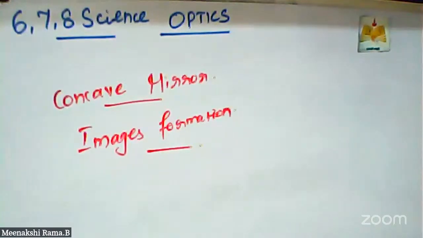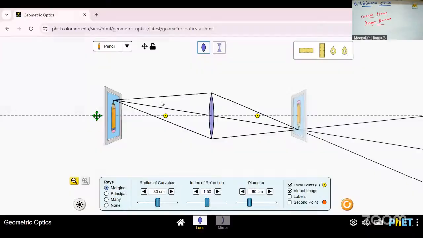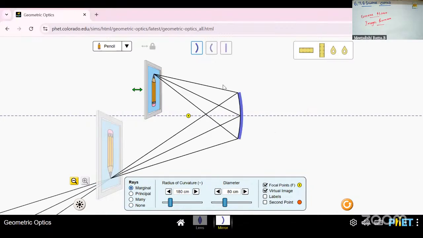So this is the clear idea about how images are formed in a concave mirror. Next, we are going to learn how images are formed by lenses, concave and convex, and the normal plane mirror, with the help of a simulation.